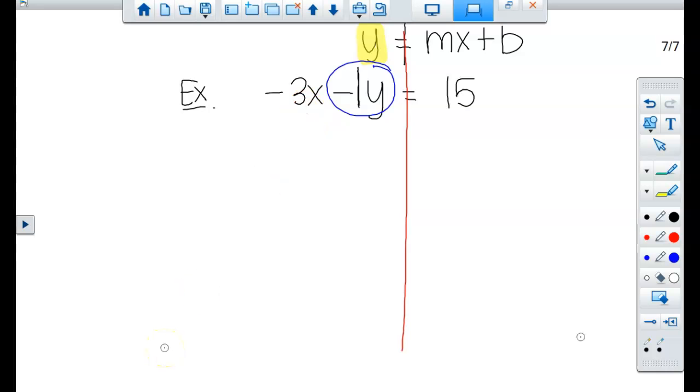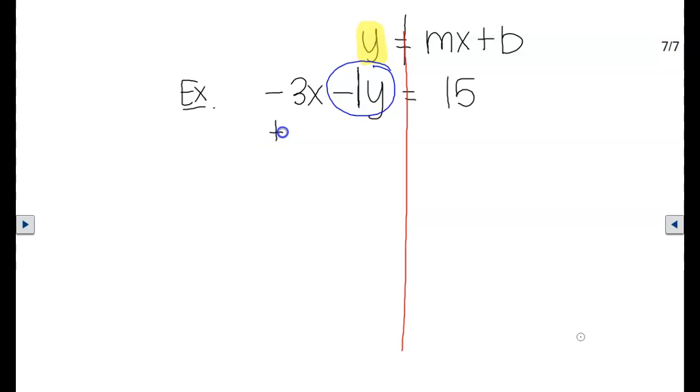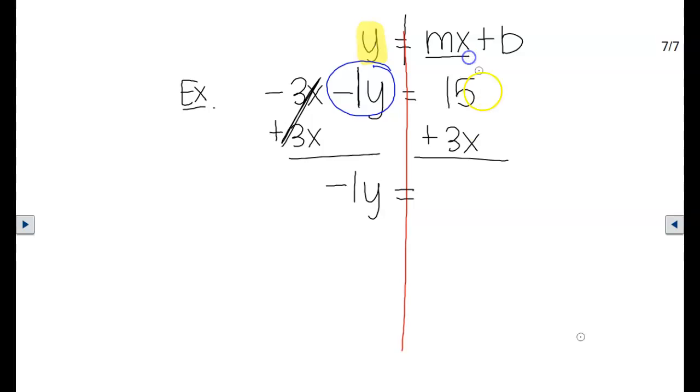So do I add 3x or subtract 3x? The answer is I would do the opposite and add 3x. So now I have negative 1y equals, and on this side we want to put mx first, so we'll put 3x first, and b second, so we'll put our positive 15.